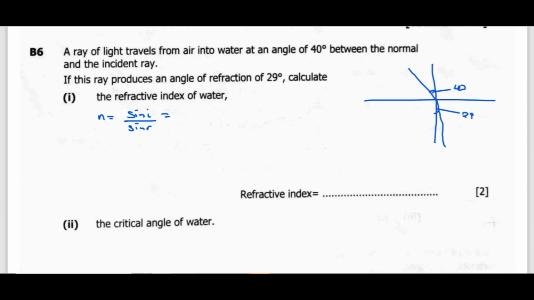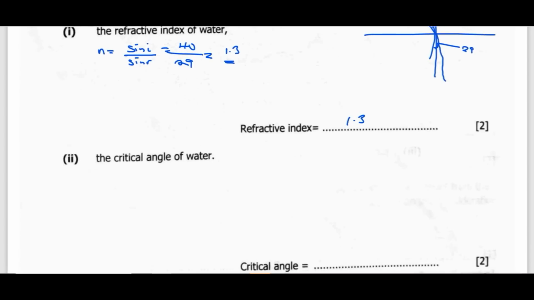So we substitute, 40 over 29. When we use our calculator, we find that we have 1.3. So that is the refractive index, 1.3.